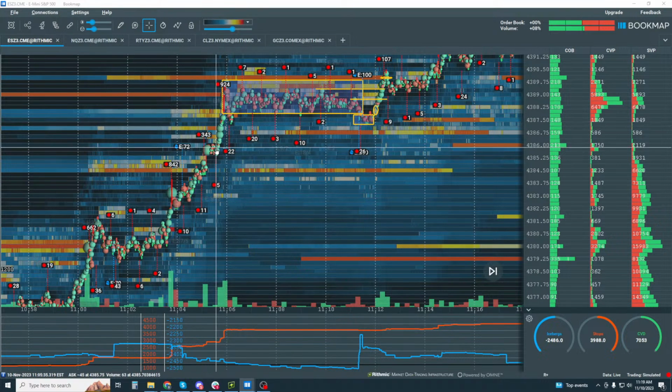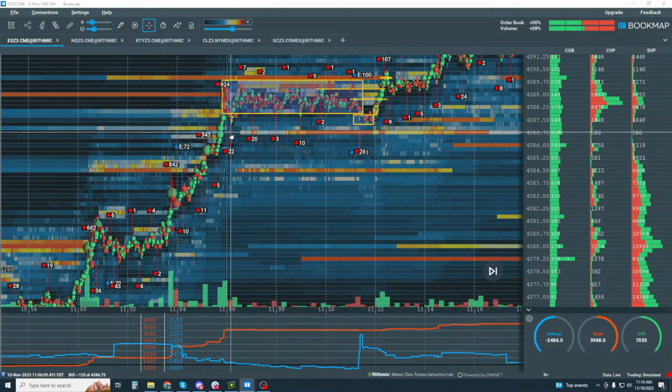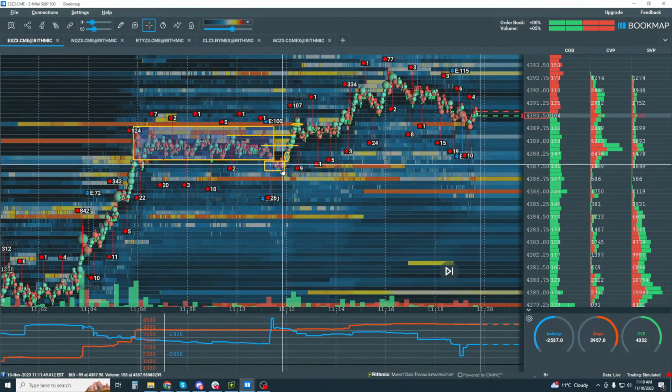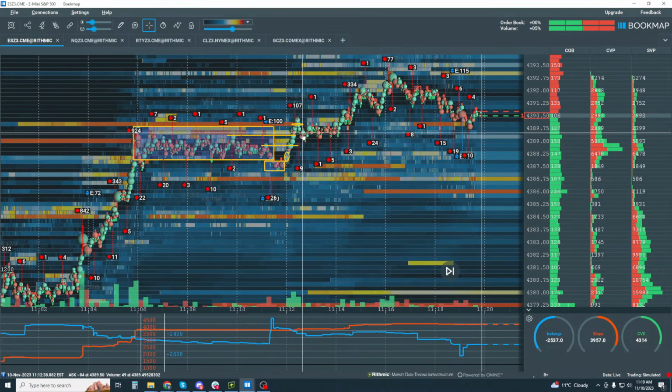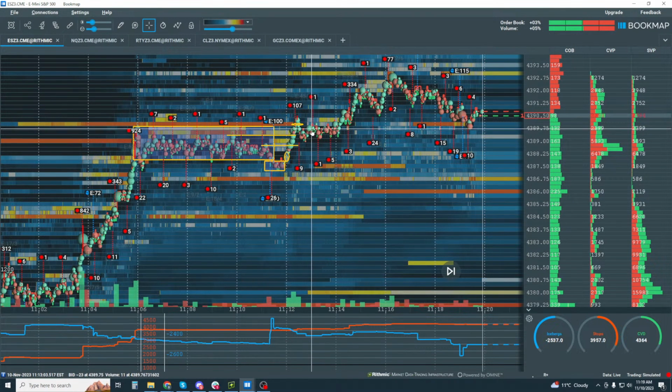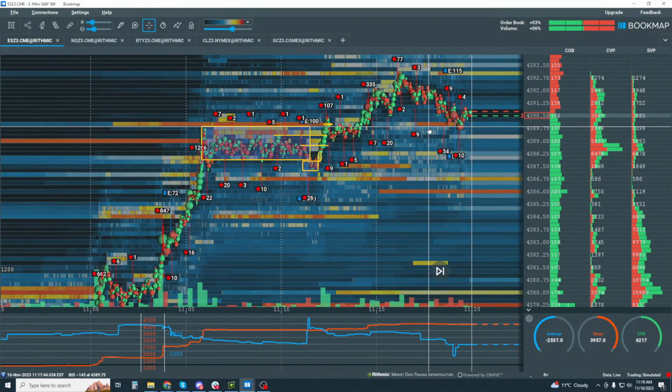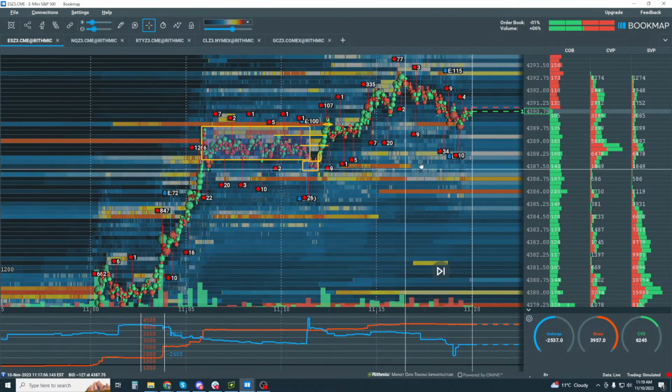Maybe one here, maybe another down here. Something like that. I would still be in, but in a much lesser position. These are just considerations. Again, there are many different ways to trade and manage the risk.